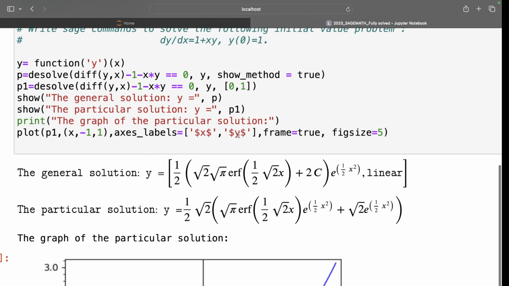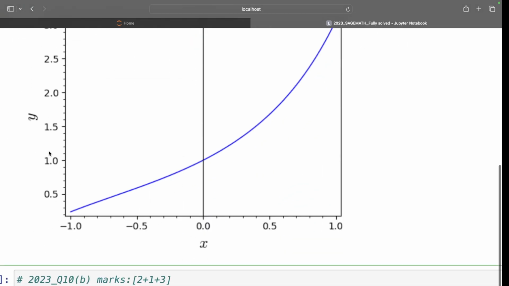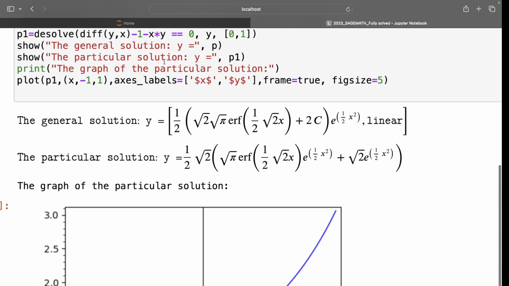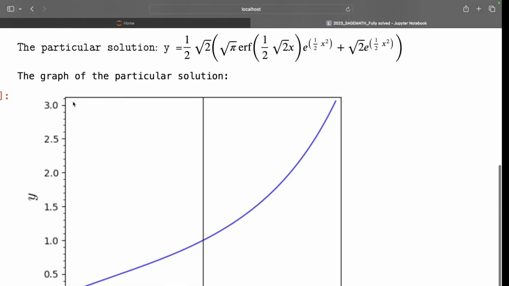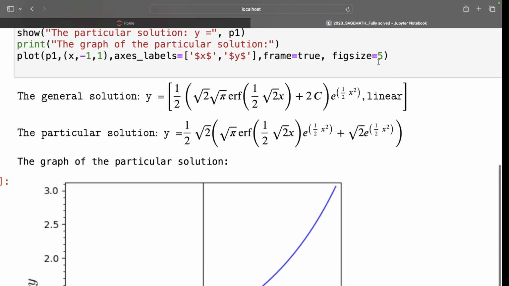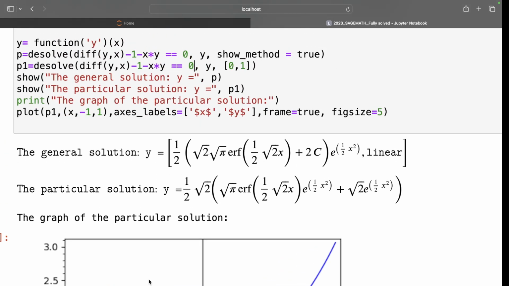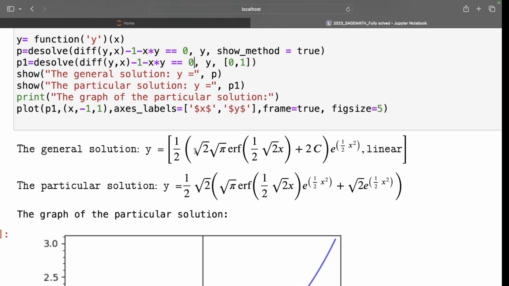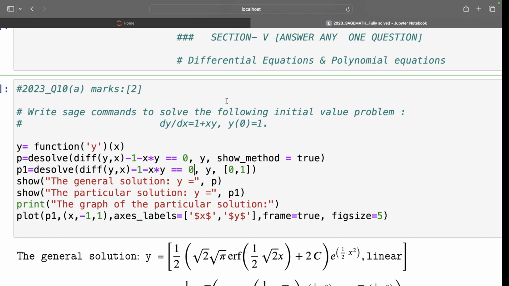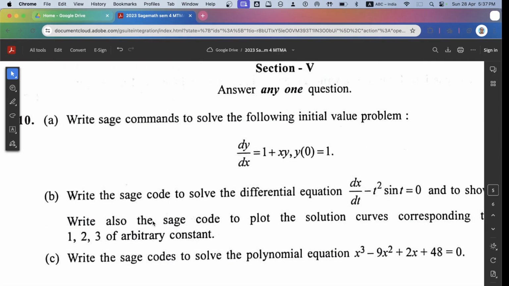The axes label is x and y in dollar signs, and frame is true. Frame means the x axis and y axis. The figure size is 5. This is the initial value problem. Next question.